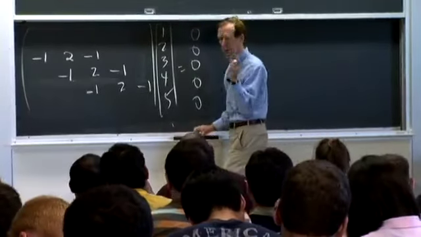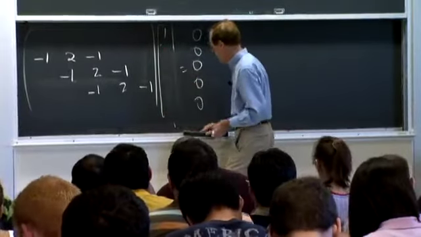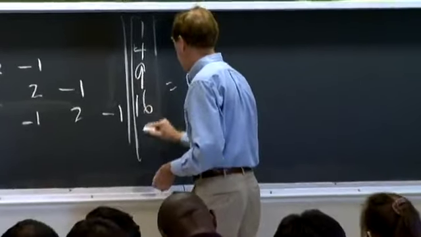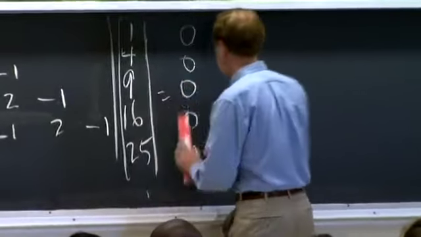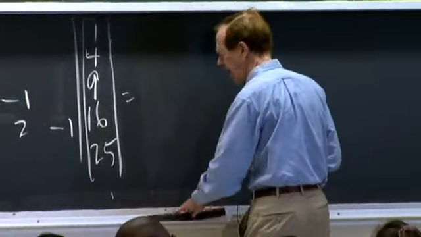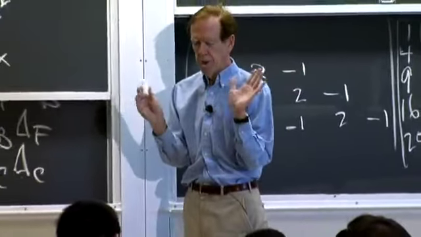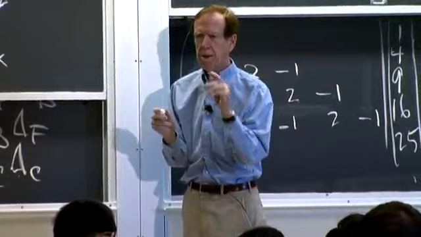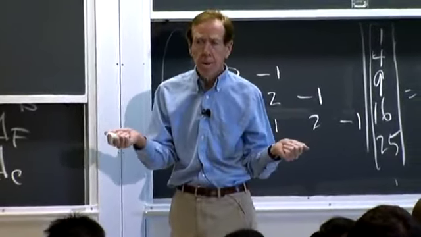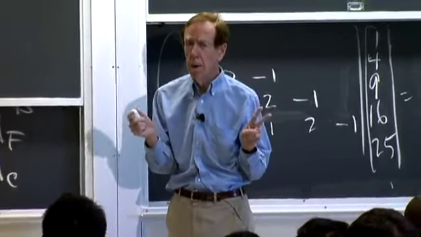Now comes the moment. What about x squared? Okay, so I'm going to put squares in now. Do I expect to get zeros? I don't think so. Because let me again test it by thinking about the second derivative. The second derivative of x squared is 2, right?